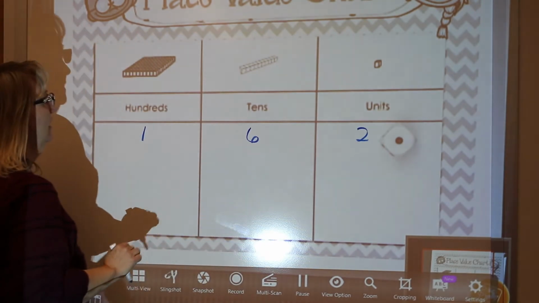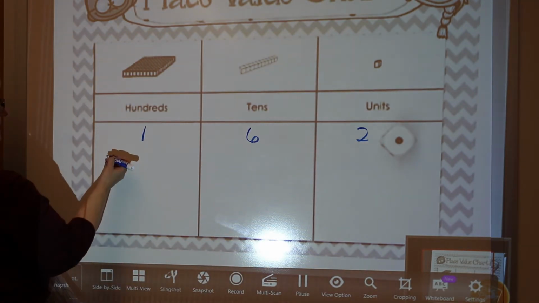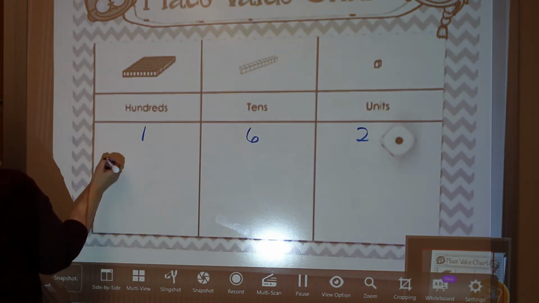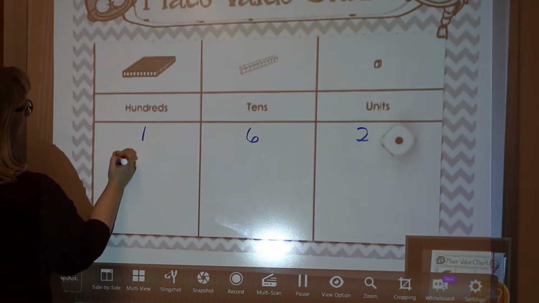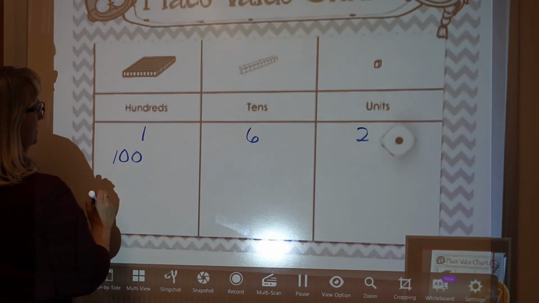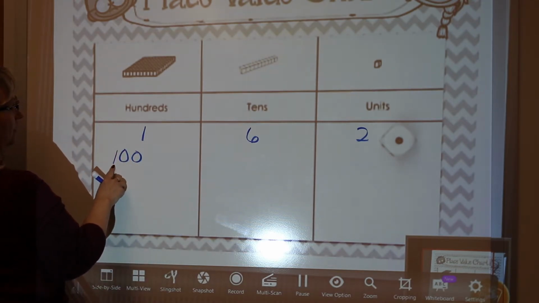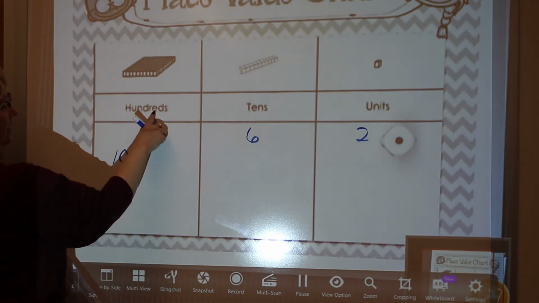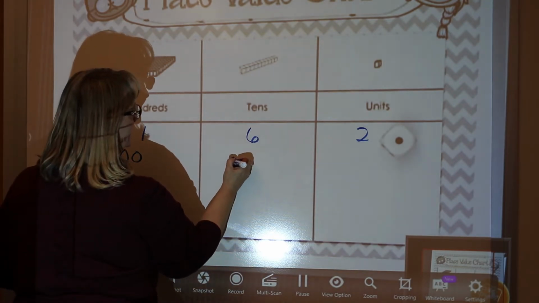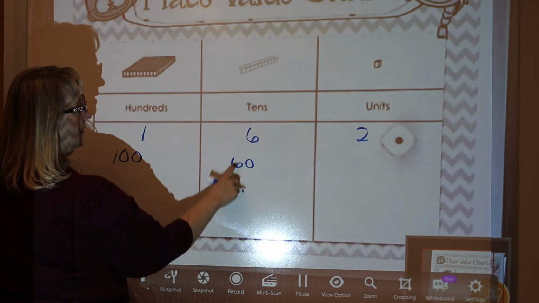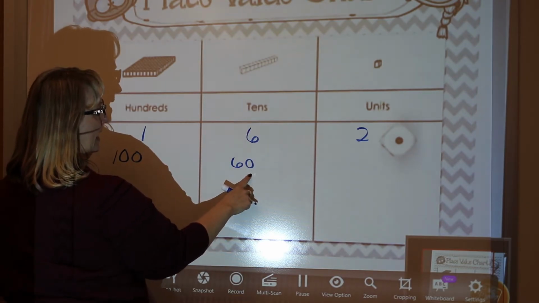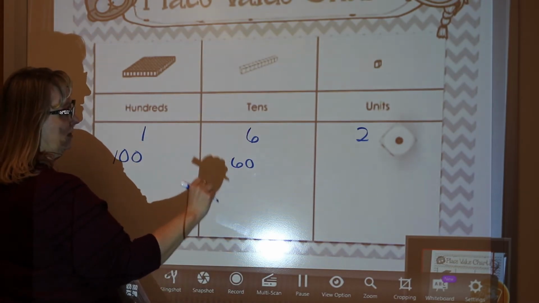162. And so this, if I was to write this in another form, I could say 100, because I have my 100, or my 100s. Then I could write 60, because I have 6 tens, and that's how we show tens, because remember the number 10 has 2 digits.